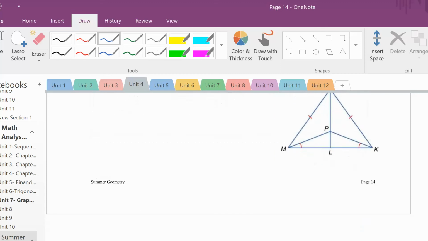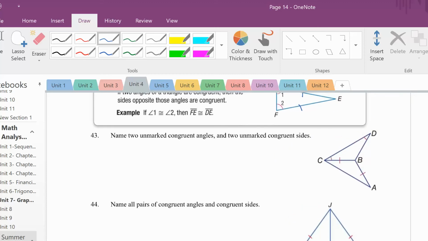So here it says, name two unmarked congruent triangles and two unmarked congruent angles and two unmarked congruent sides. Well, if these two angles are congruent right here, then you know that the sides opposite. So you know that BD is congruent to BC.